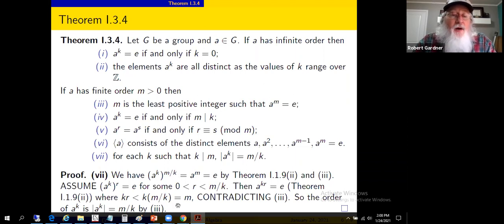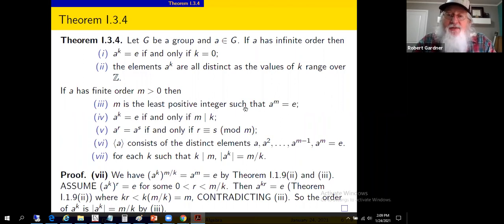We've found a power, KR, which is strictly less than M, to which we raise element A, A to the KR, there it is, and get the identity out. There can't be a lesser exponent which produces the identity in that sense. That contradicts part 3.